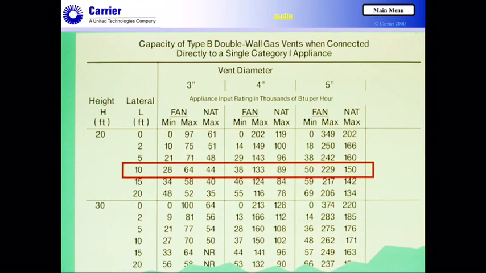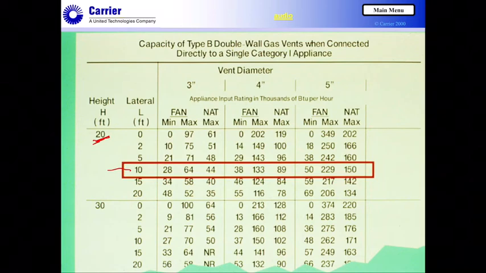Okay, now let's take a look at the table value as a simple example here. For this Type B double wall vent connector that's tied in here, we're showing a vent height of 20, which is one of them that we had, and we have a lateral of 10.